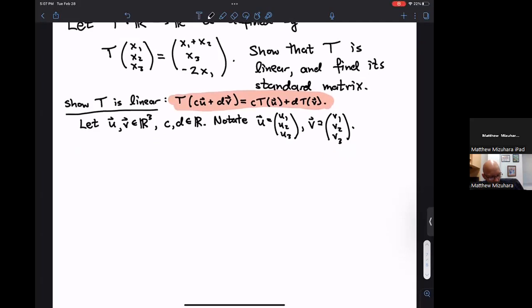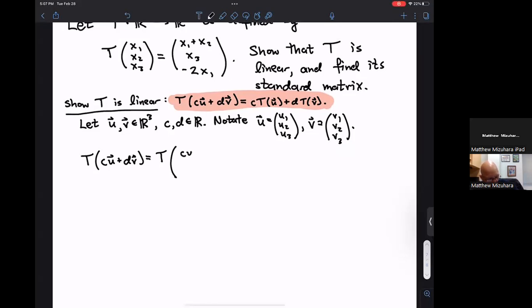So let's start computing. Remember, what I want to do is start on the left-hand side of my desired equation and work my way right. So T of this thing is T of cu plus dv. Well, that's pretty complicated, so I should take my time doing this.